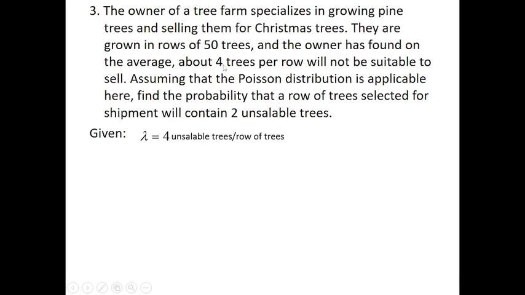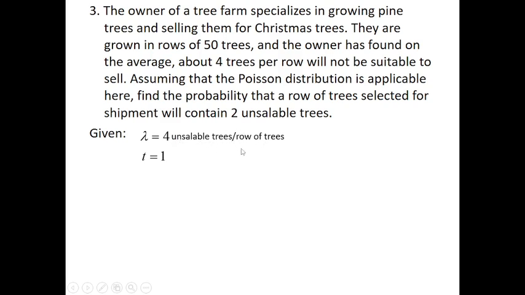Okay? So in a row of 50 trees, there will be 4 trees that are not suitable to sell. Therefore, they are unsaleable. Okay, so this is the average.